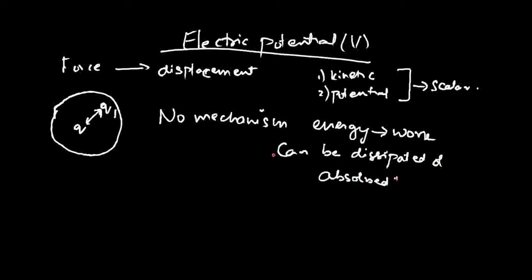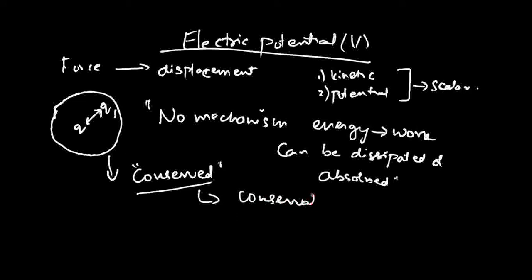No mechanism means you are considering a field in which there is neither energy dissipation nor energy absorption. Then what happens to the energy? The energy is conserved in this field. I'm considering a field where the energy is not changing, where the energy is conserved. This kind of field is referred to as a conservative field.